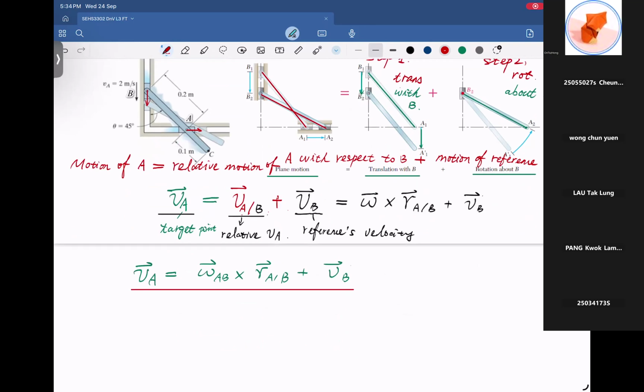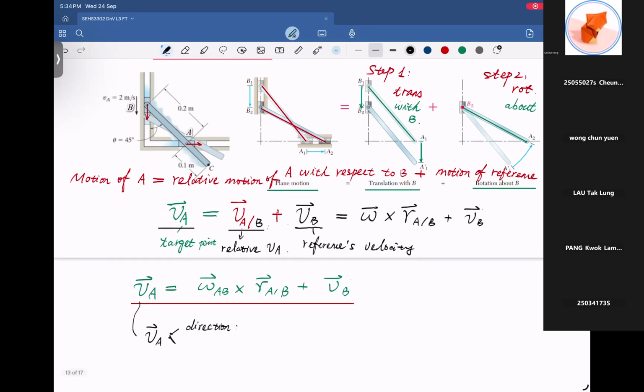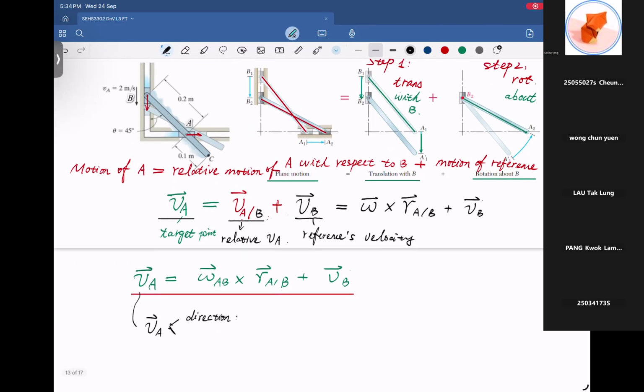Okay, we start from the VA. For VA, because they are all vectors, we need to analyze in two aspects. Firstly, the direction. The direction is given, right?